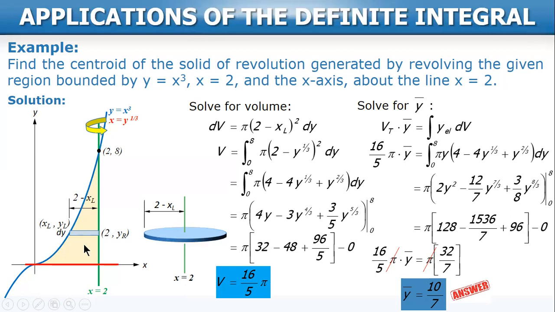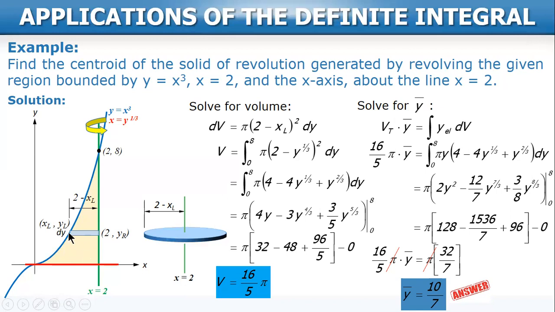Pero kung, like this one, if you will analyze a vertical strip, and i-revolve mo, you will get a cylindrical shell. Now, the centroid of the strip is average man sa y up and y down. So, ma-complicated ang imong y bar kay you will have a longer solution kay average man, y up plus y down over 2.